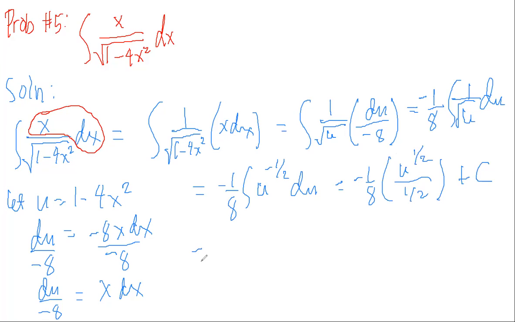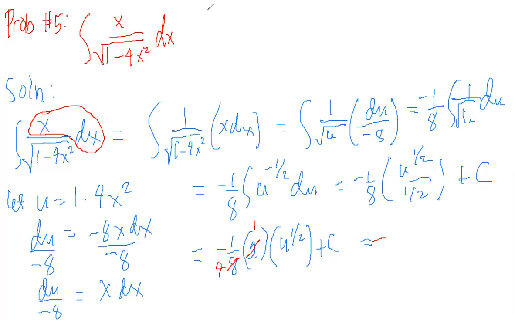And let's simplify. This becomes -1 over 8 times 2 times u raised to 1/2 plus c. Simplifying this expression, the 2 becomes 4 and the other becomes 1.